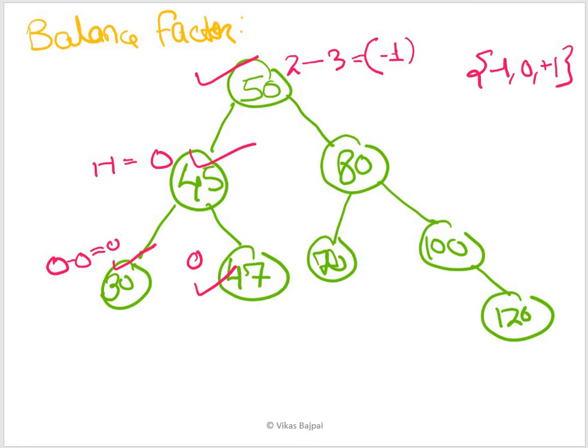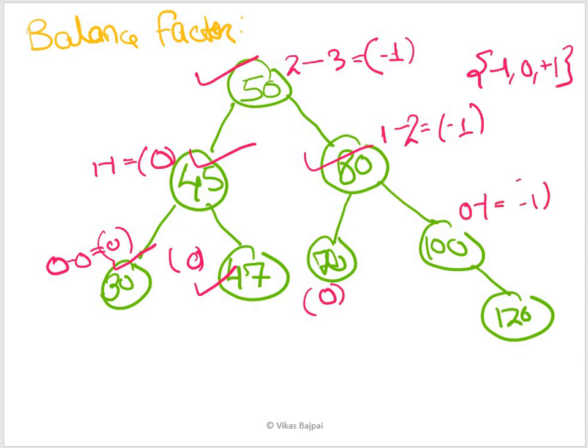This is okay, and for this it is, let's say, 1 minus 2, which is -1. So once again I am perfectly fine with this node as well. Now this once again is 0. So this is like 0 minus 1, which is -1. This is also fine. This comes out to be 0.